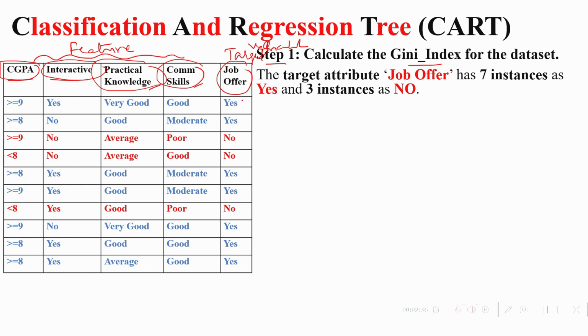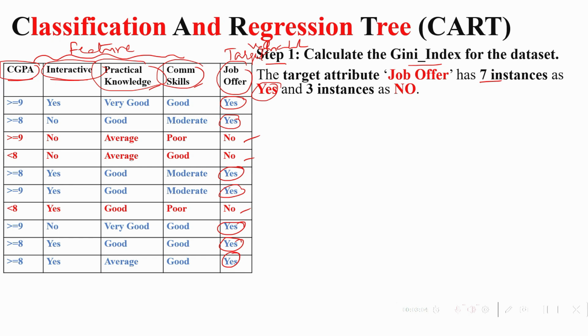Out of 10 instances, we are having 7 yes instances, and 3 no instances. So like that we find the 7 yes instances and 3 no instances for the given target variable.